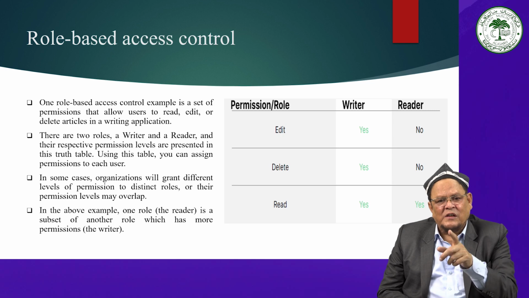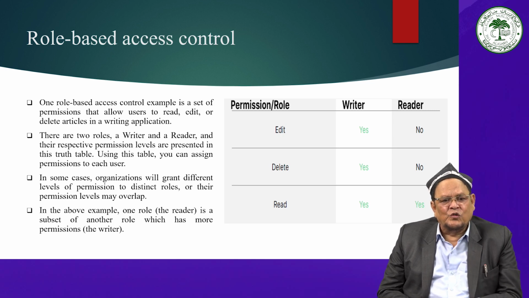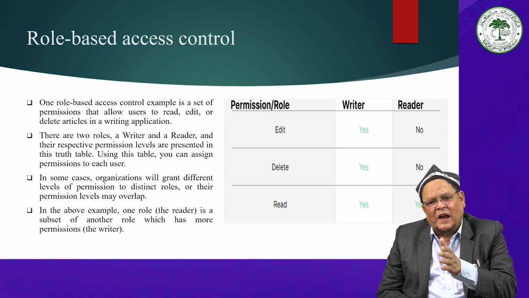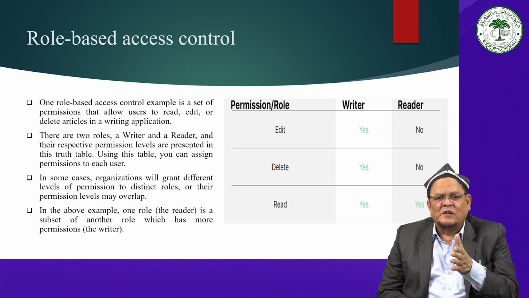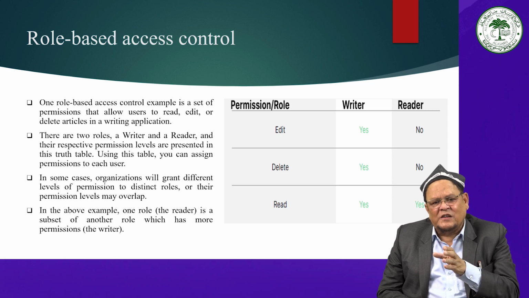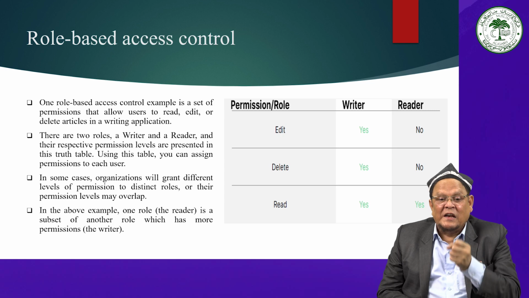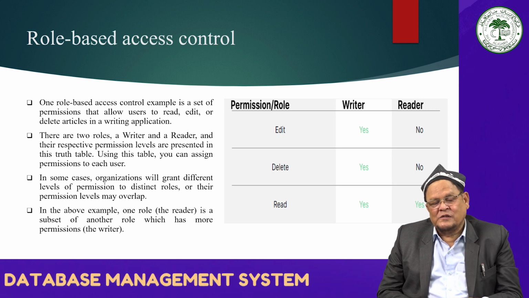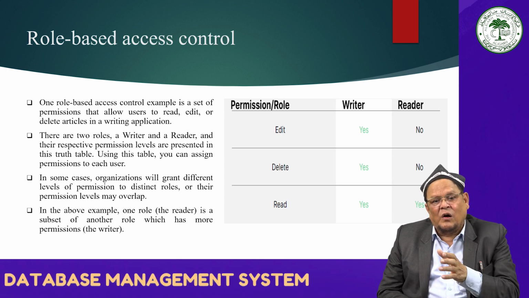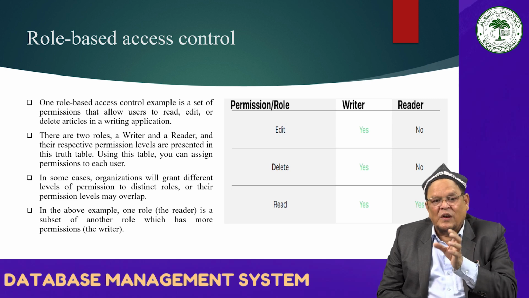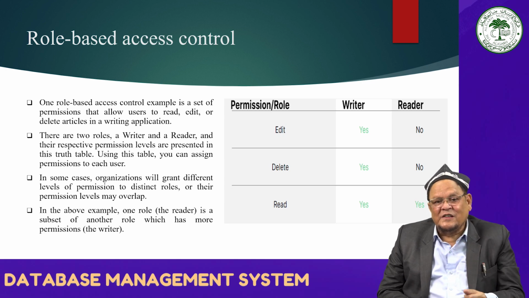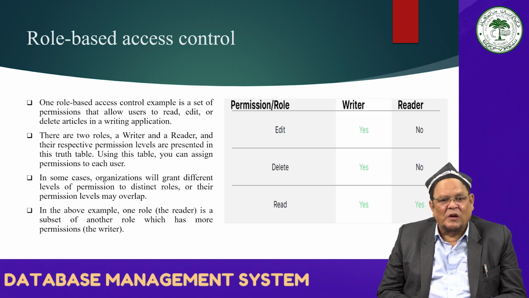Using this truth table you can assign permissions to each user. The writer can edit, delete, read, and update. But the reader you can give permission only to read, not delete. The reader cannot edit also. So this is the one example I have given.